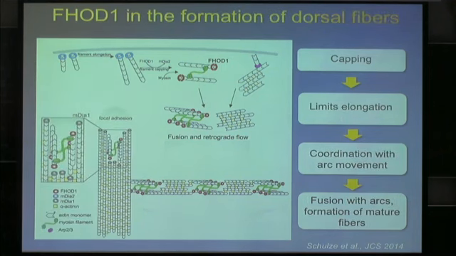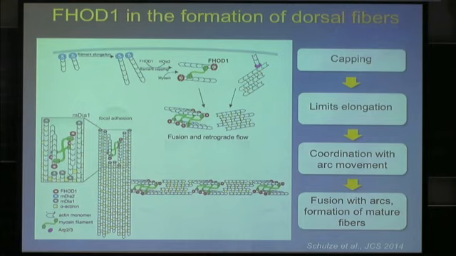Those dorsal fibers are organized as parallel and long fibers, and that's the key. They do require elongation for their size. If you have F-hot in the cell, it will prevent the elongation by its capping mechanism, and you end up having shorter dorsal fibers.